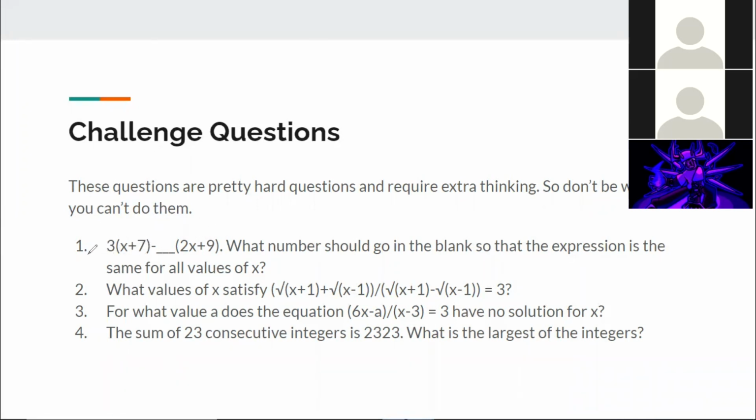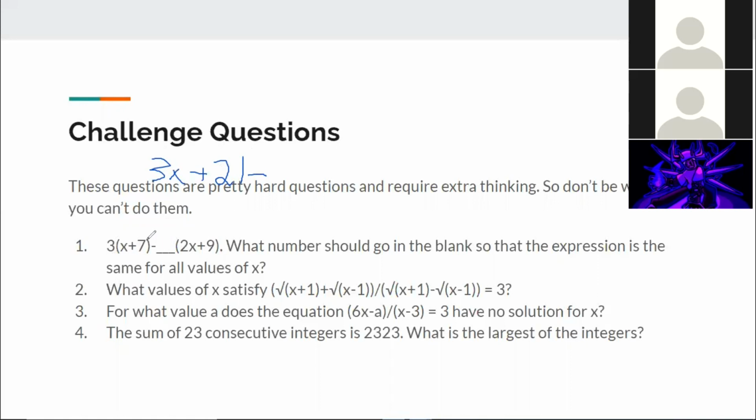When you write this expression out, you get 3x plus 21 minus blank times 2x plus 9. Since you want the x's to cancel out, you want the constant here to multiply to 2x to get 3x. So I claim that the answer is 1.5.